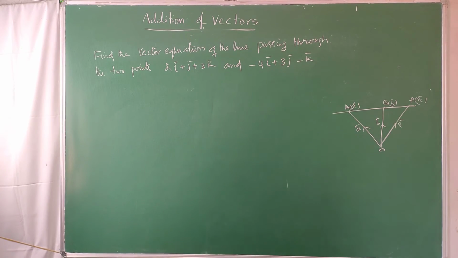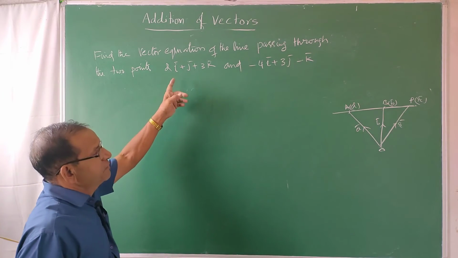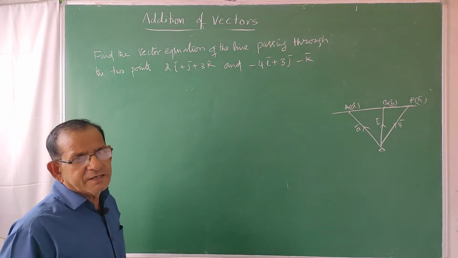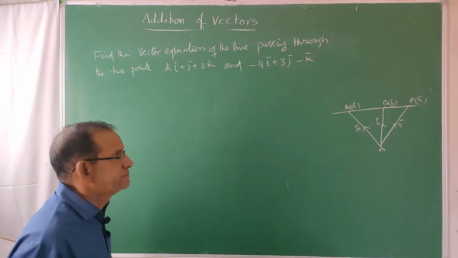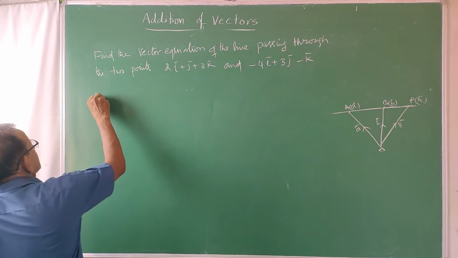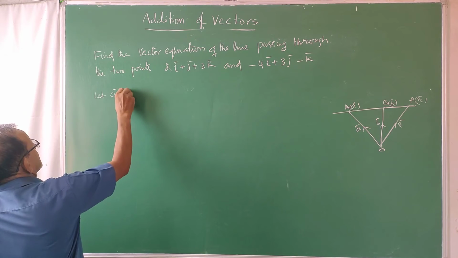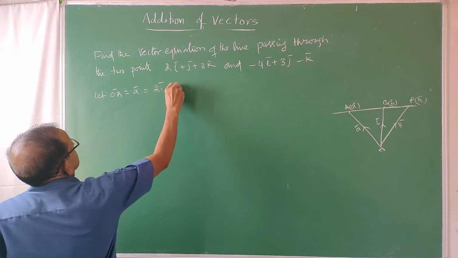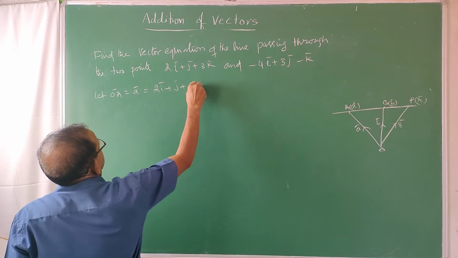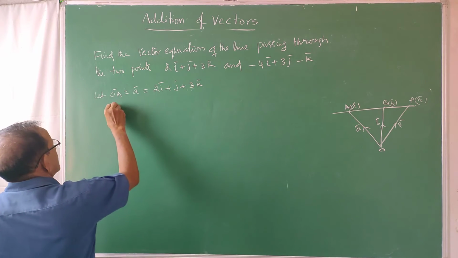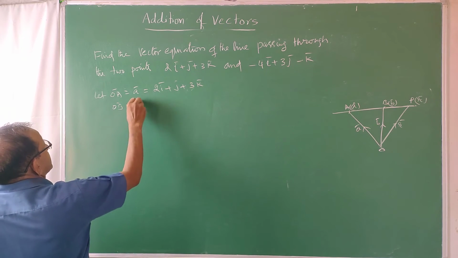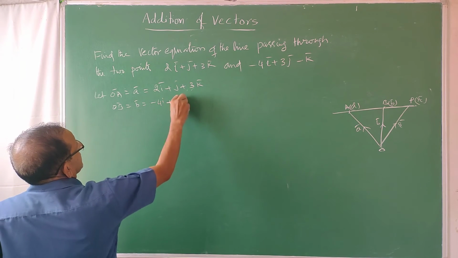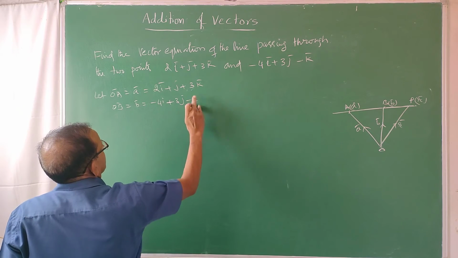Now, here we have to find out the vector equation of the line passing through these two given points. Let us take the given points as A and B. Let OA bar indicated by small a bar is 2i plus j plus 3k, and OB bar is equal to b bar is minus 4i plus 3j minus k.